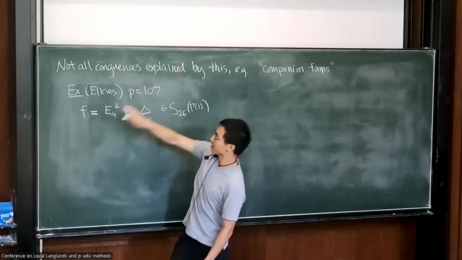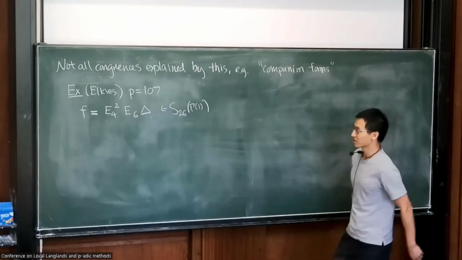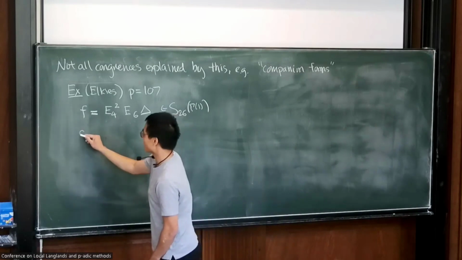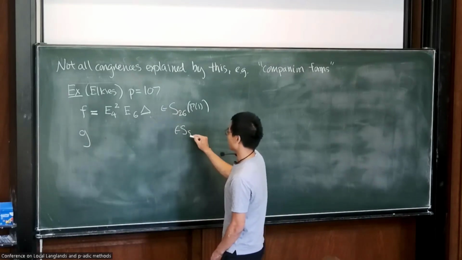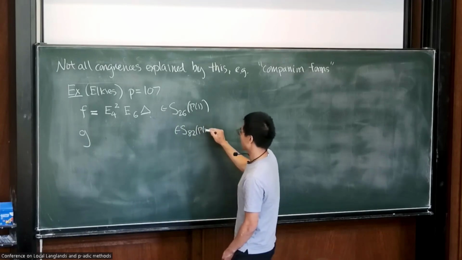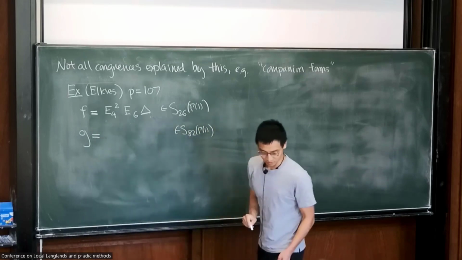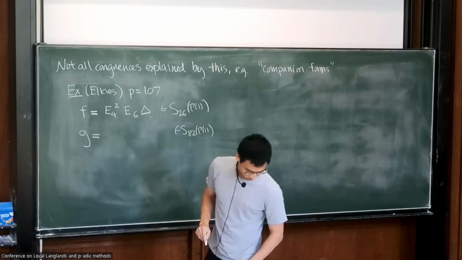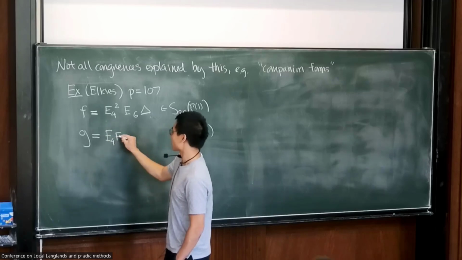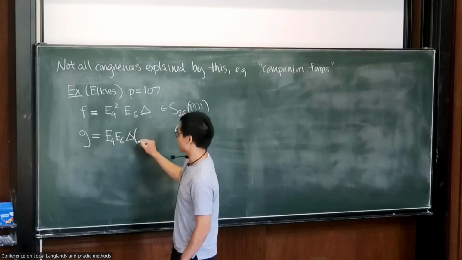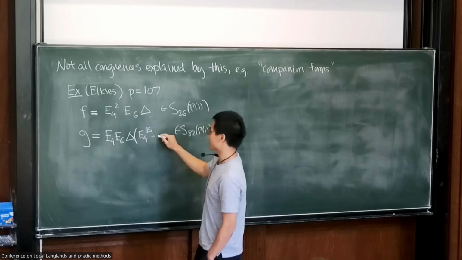Delta is as before, and E4 and E6 are the usual normalized Eisenstein series with those names. So then there will be a G, and G will be in weight 82. And G will have a very long expression, which we're only going to write the first few terms of. So G will be E4, E6, delta, E4 to the 15, subtract, I give up.